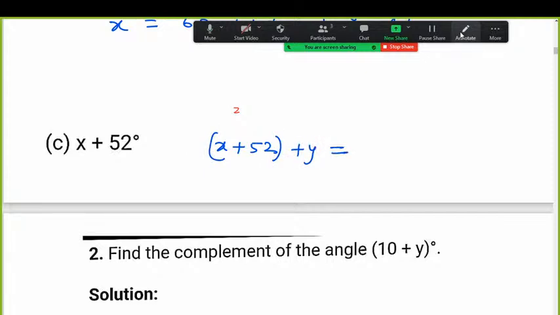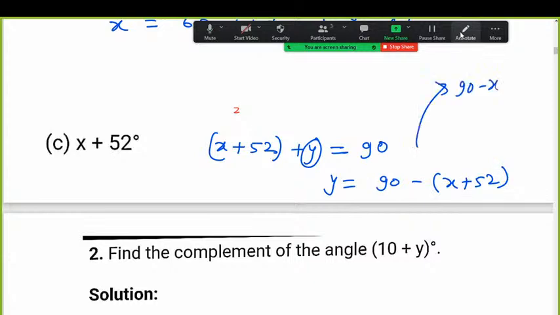Yes, sir. x plus 52 plus y should be 90. Now we want the value of y. We can shift this here, and here it's going to be 90 minus x minus 52. That's my complement y. It comes out to be 10 minus 2 is 8, and 9 minus 6 is 3, so 38 minus x. Yes, sir.